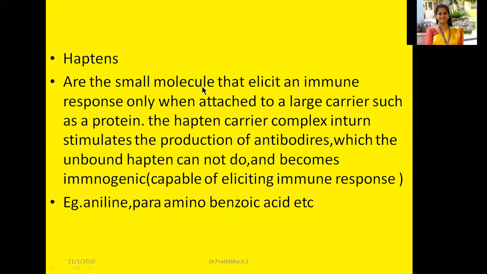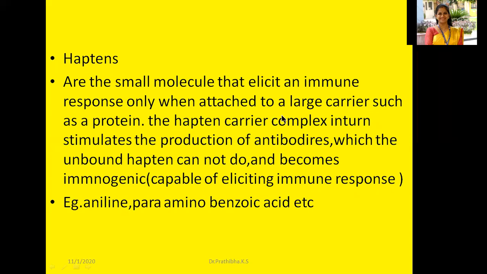Haptens are small molecules of low molecular weight that elicit an immune response only when attached to a large carrier molecule such as a protein. The hapten-carrier complex in turn stimulates the production of antibodies, which the unbound hapten cannot do, and becomes immunogenic. Immunogenic means capable of eliciting an immune response.